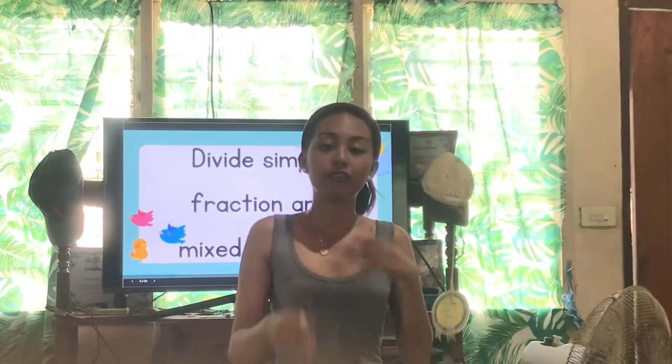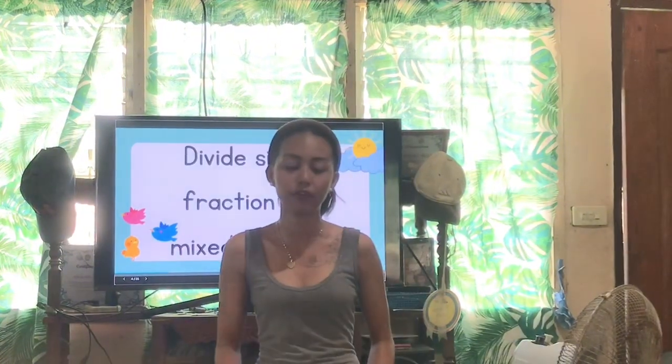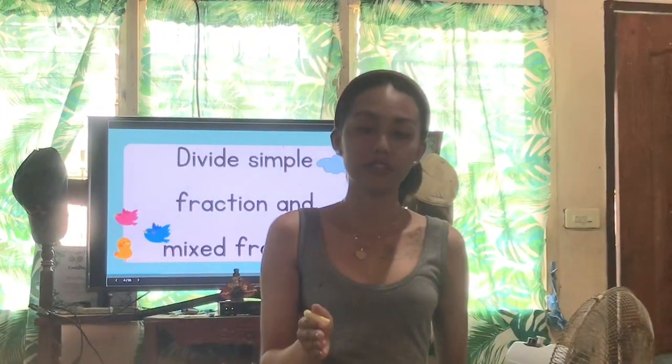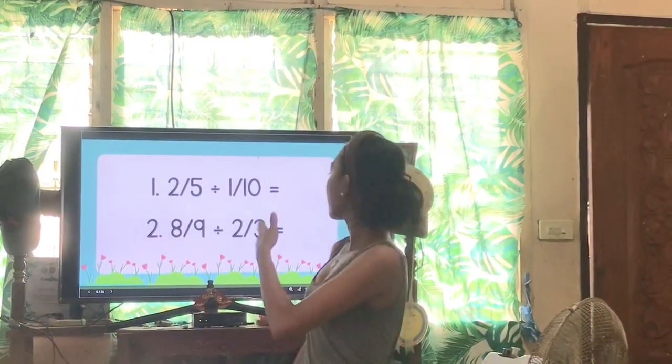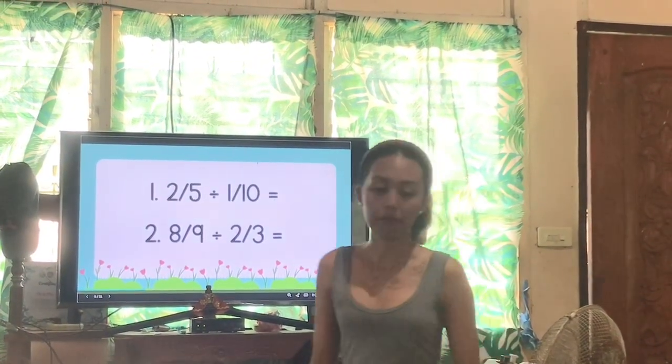I know you already know how to multiply fractions, so let's move on to dividing simple fractions. Take a look at my example.